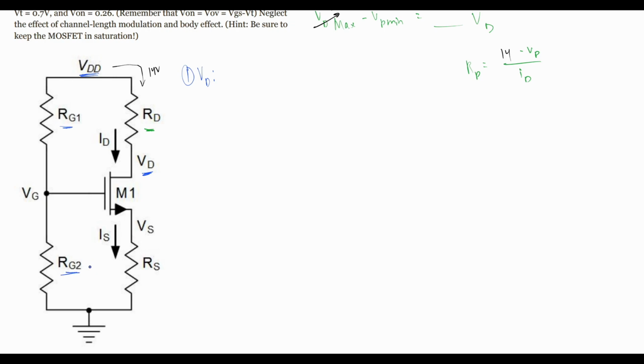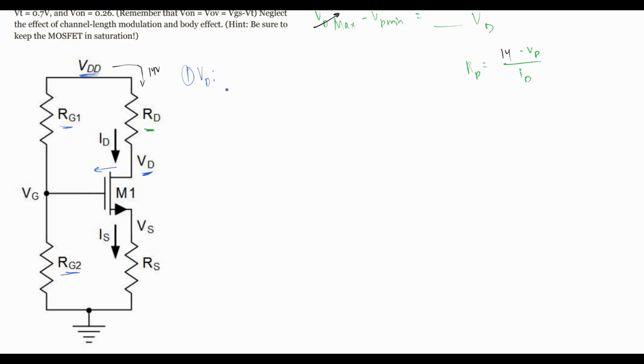We can see this is going to form a sort of voltage division. It's going to pull some of this VD away. The circuit's a little bit sideways right now, but if you were to rotate it, it might be a little easier to see the voltage division.